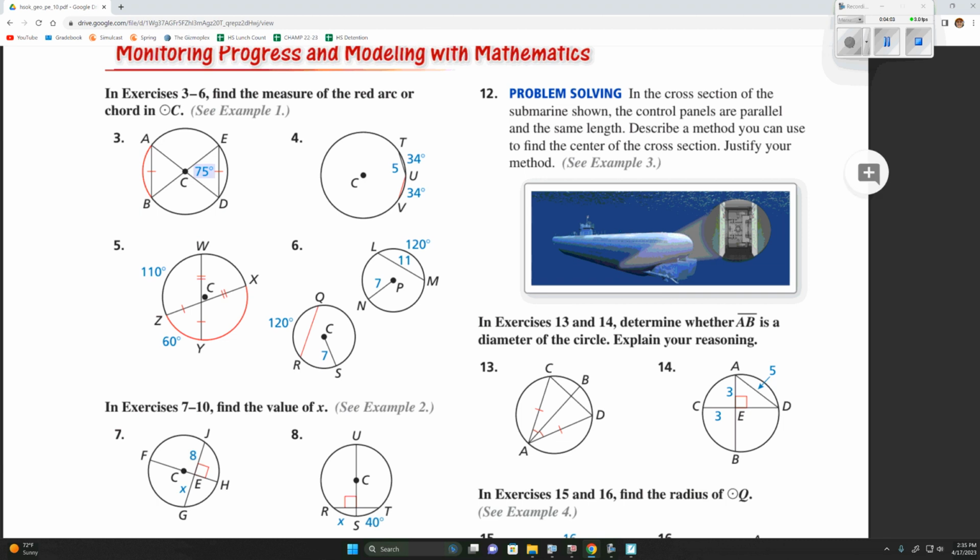So if the central angle here is 75, this arc measures 75, so the red arc is 75. With number 4, if those two arcs are 34 degrees, the chords that connect congruent arcs are congruent. So if one of the chords is 5, the other chord is 5.